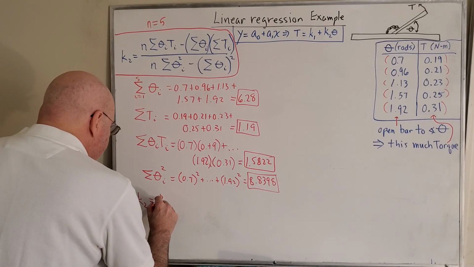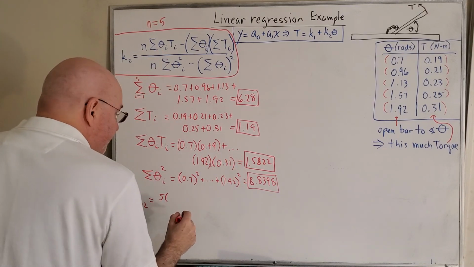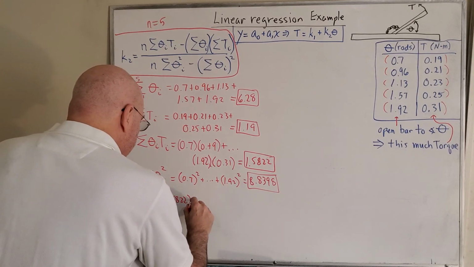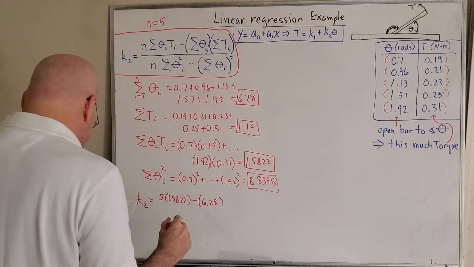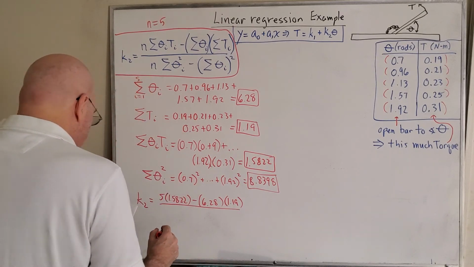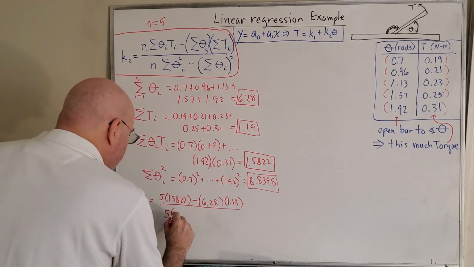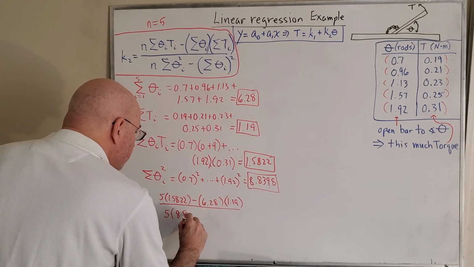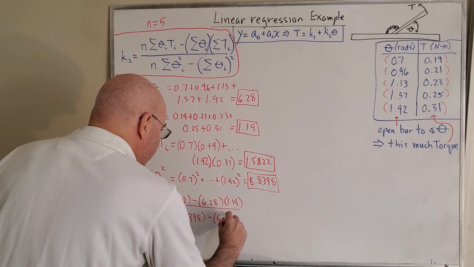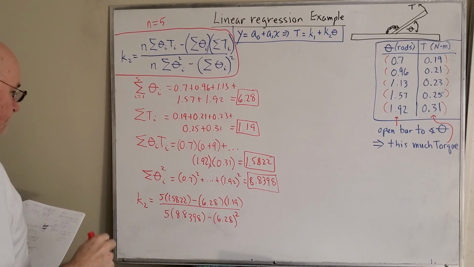K2 is equal to 5, that's n, times this one, 1.5822, minus 6.28 times 1.19, all over 5 times this guy, 8.8398, minus 6.28, the sum squared, this guy, squared.